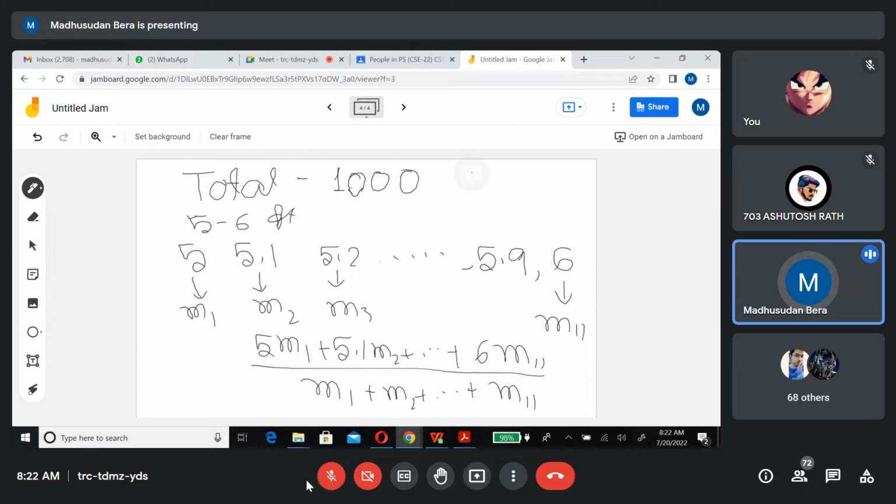Adding all 1,000 heights and dividing by 1,000 takes about 999 additions, then a division. Here there are only 11 multiplications and 10 additions, so it takes less time. Here it is 1,000 data, but there may be 1 lakh data.